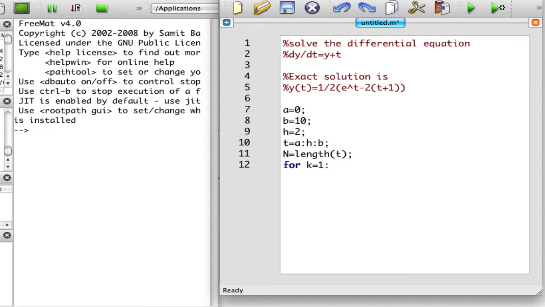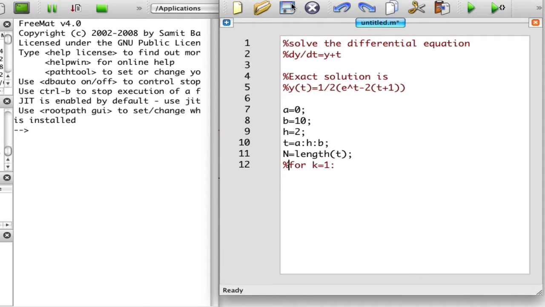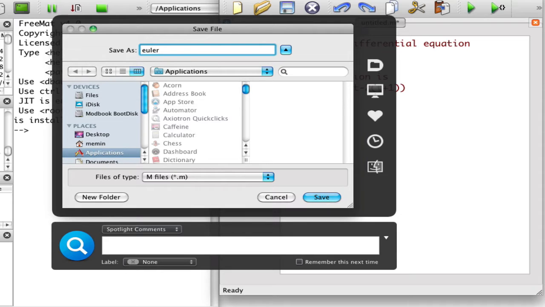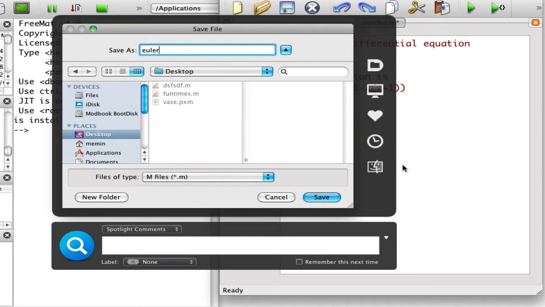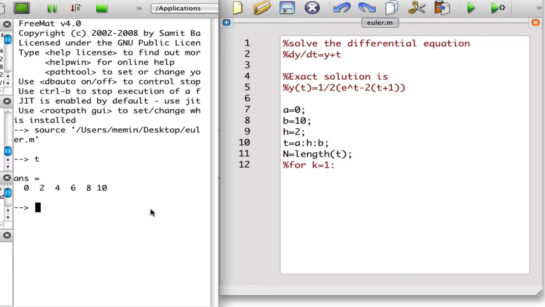Let me do this just to make sure everybody's on the same page here. Oh, I need to save it, sorry. All right, Euler. Okay, run. So here if I look at t, t is the time values that I step at, right? So n is simply the number of values that I have here. So when you put length of t, it should have given me 1, 2, 3, 4, 5, 6, right? So n is 6. Length just gives you the number of elements that you have inside of that vector.